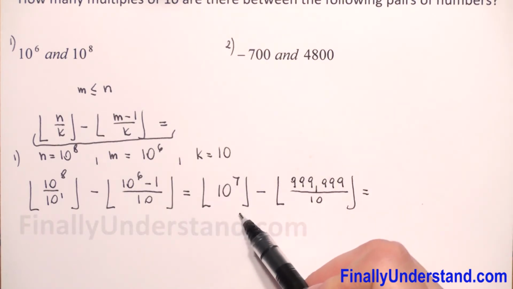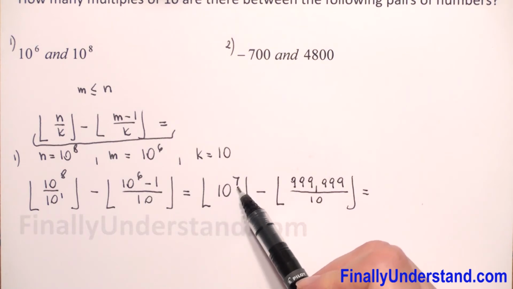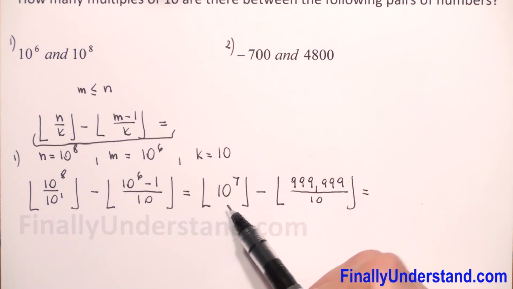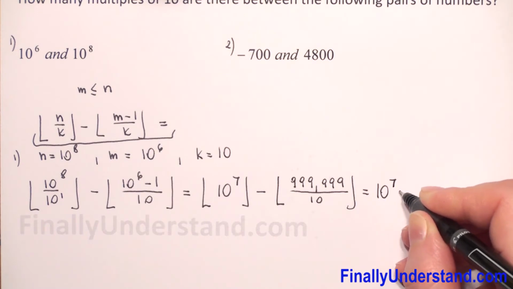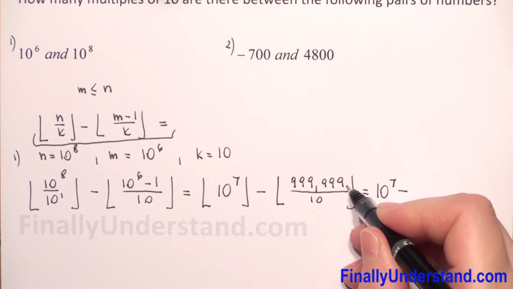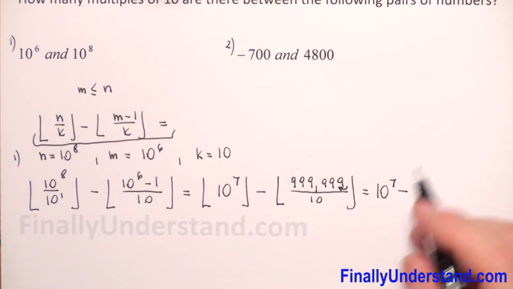In the first expression, we have floor of 10 to 7. 10 to 7 is an integer, so floor of an integer is the same integer, so we have 10 to power 7 minus, and when we divide by 10, we have to move the decimal point to the left one time only, because we have only one 0.